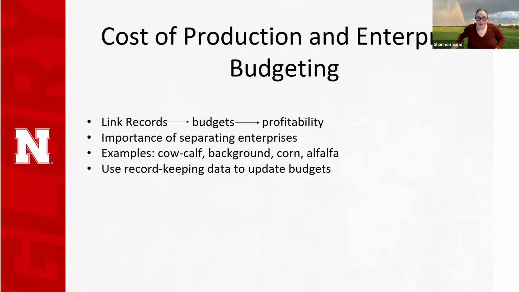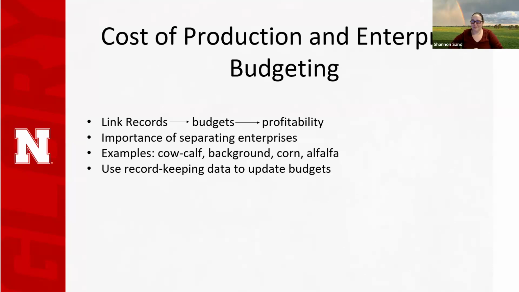An example might be something like we're looking at, again, cow-calf versus backgrounding, or growing corn versus soybeans versus wheat, so many options out there.